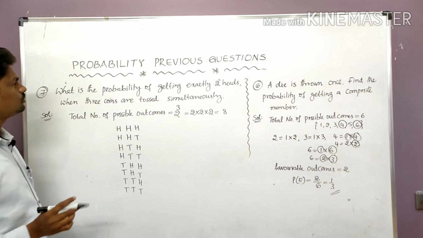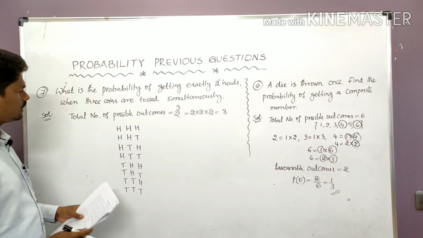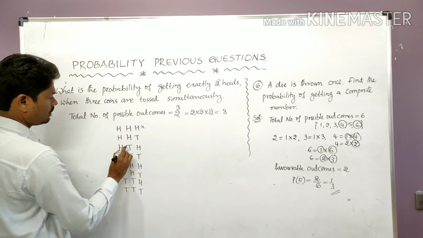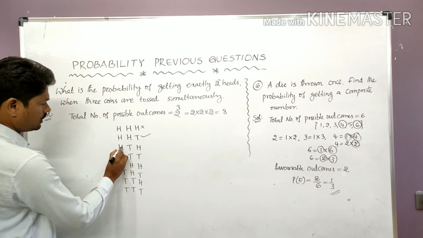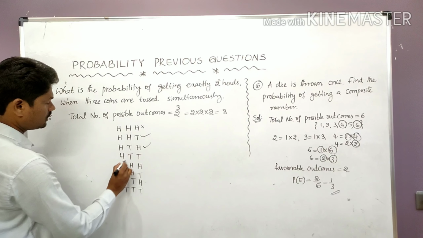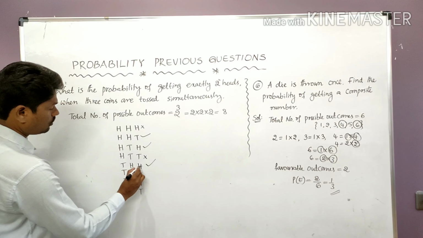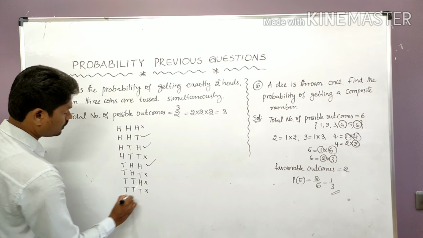Among these we have to select exactly 2 heads. So where are the exactly 2 heads? Here there are 3 heads. It is not favorable. Here there are exactly 2 heads. This is favorable. Here also exactly 2 heads. This is also favorable. Here it is not favorable. This is favorable again. There are only 2 heads. The rest are not favorable.